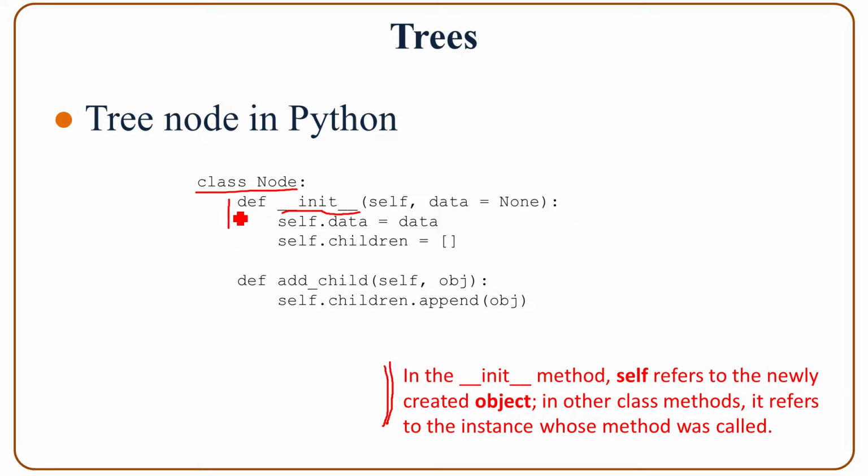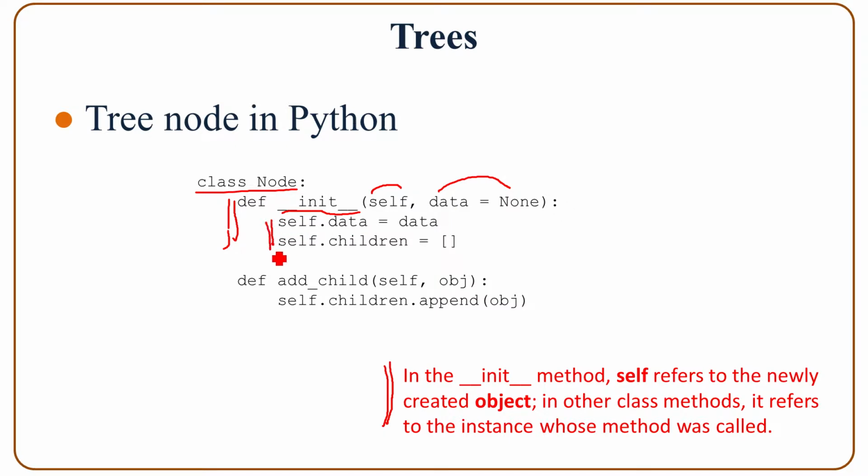Now let's look at this method of the constructor. We have arguments such as self and data. By default, data is None. So if you call the method and you don't pass anything, then data is by default None.